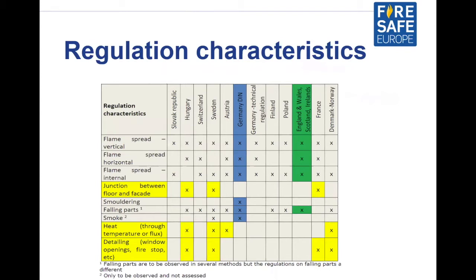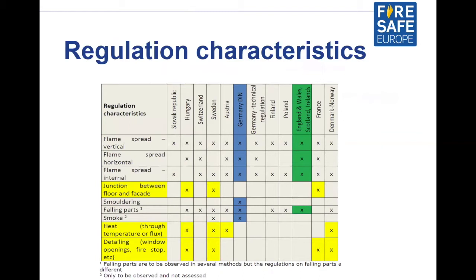And here we have a dilemma because smoldering is covered both in their facade test, and we have a European standard test also for smoldering. So the question of how to solve this, we don't know yet. A number of countries have regulations on falling parts.